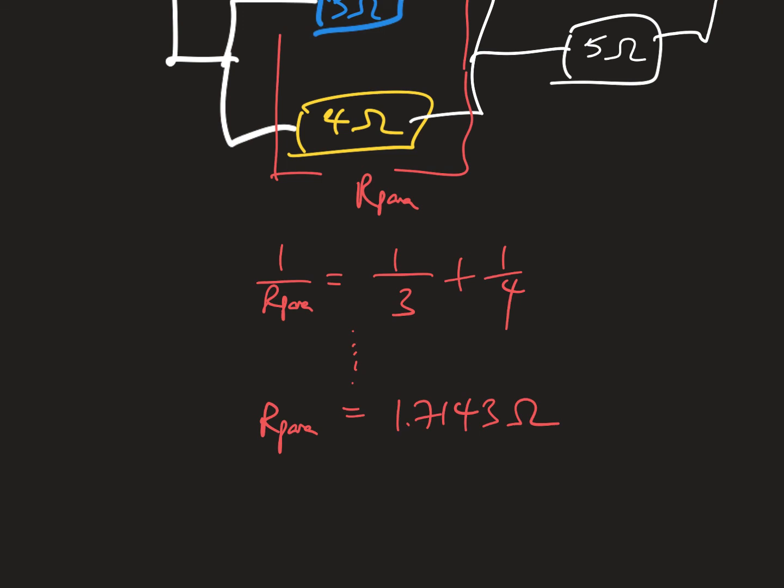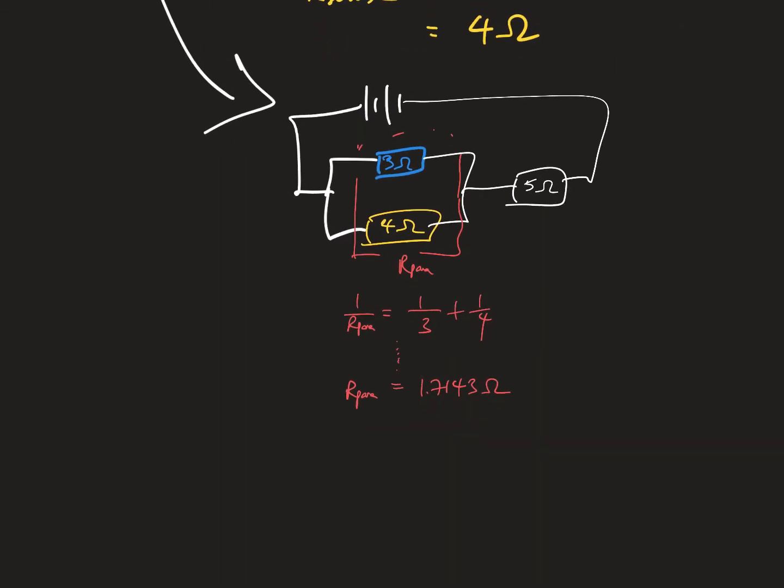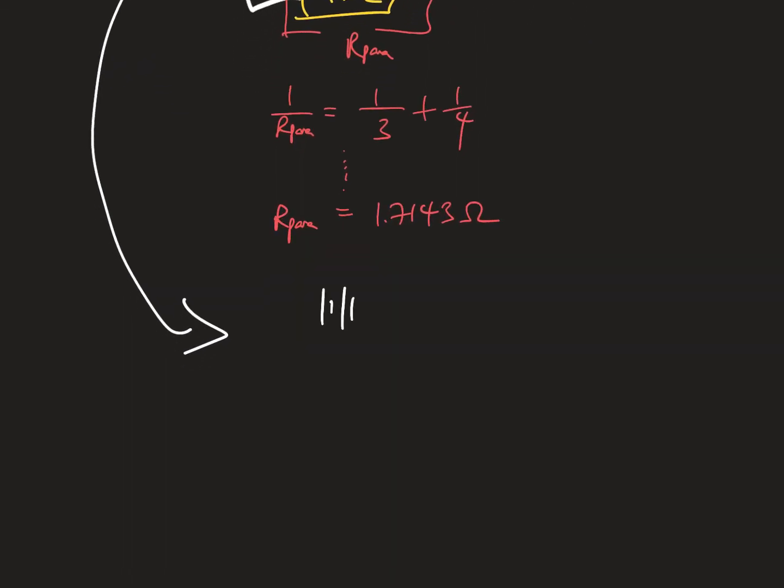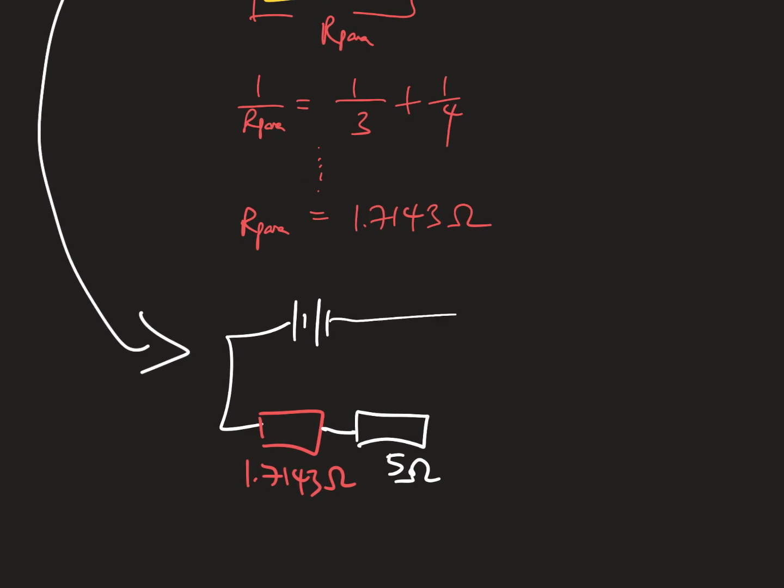Yep. And so you can see that we further simplified the circuit to look like this, where this is 1.7143 ohms, and then we're left with this original one, which was 5 ohms. Am I right? Yep. And voila.